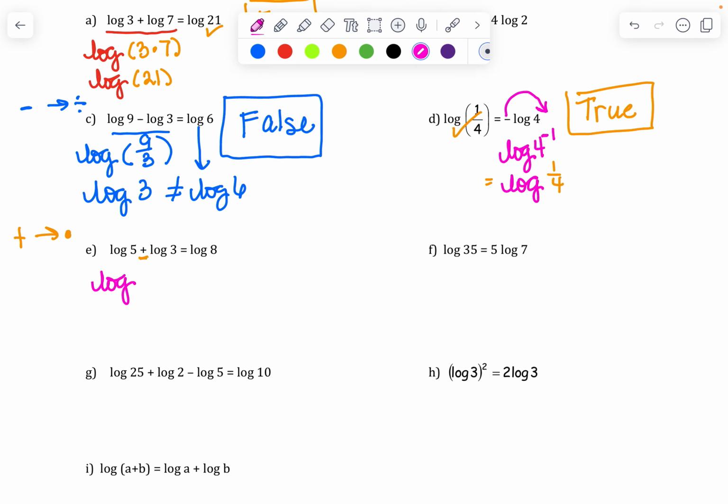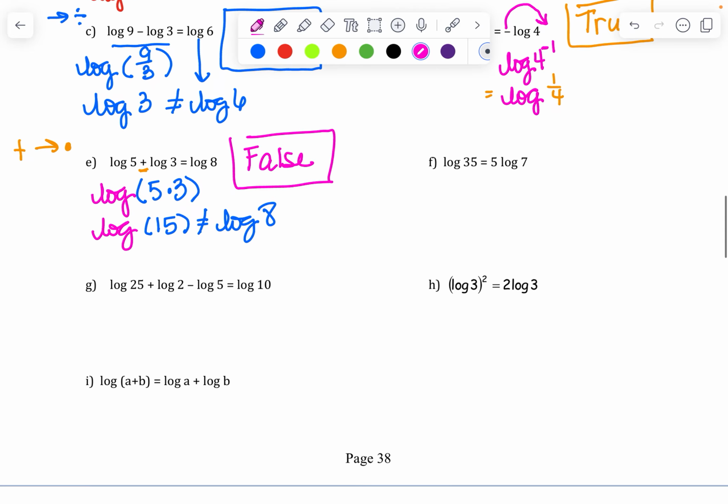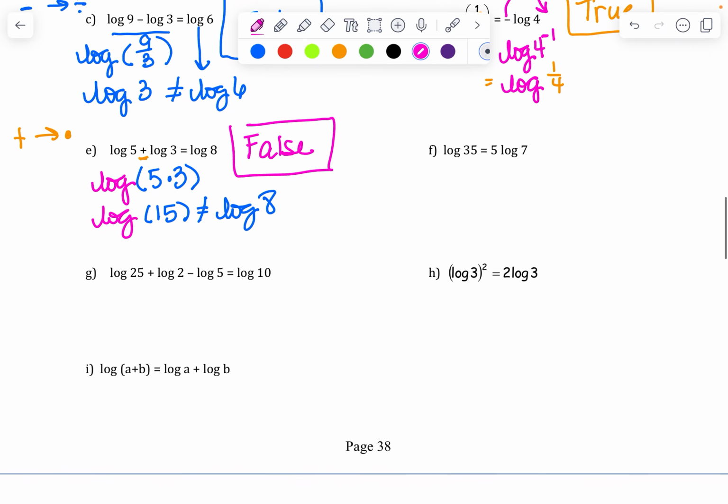Okay, so now that you see subtraction should make you think division. So now I'm going to have log, and then I'm going to have that 50 over that 5. So when I reduce that, I'd get log of 10. And that is what I wanted, so that one is true. So that is the first 2 pages of that day.